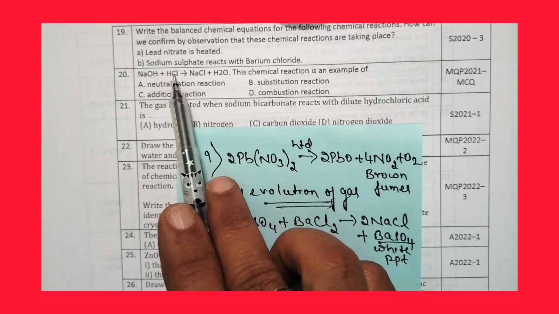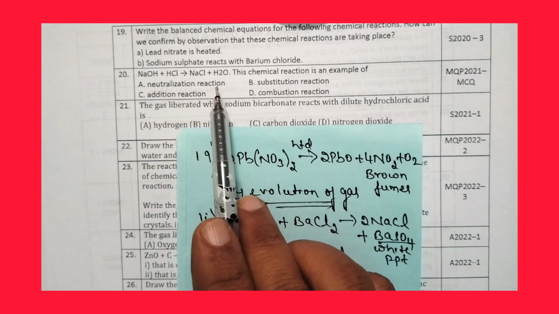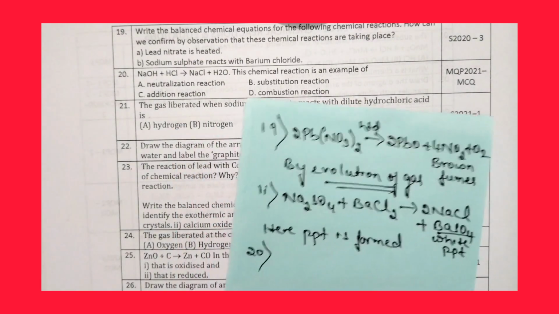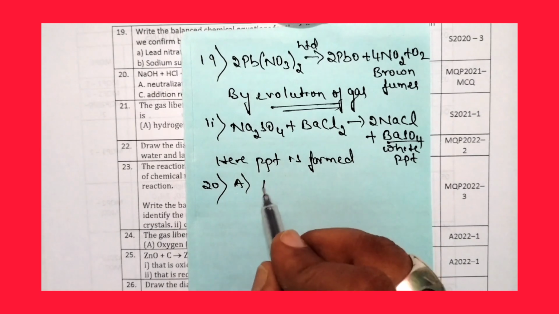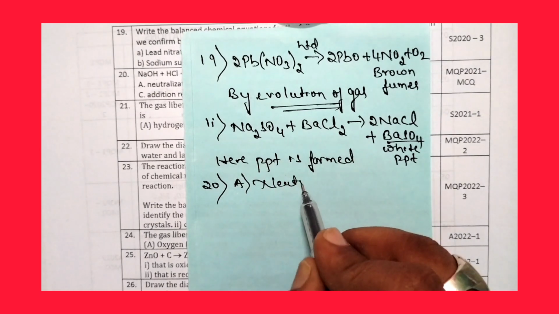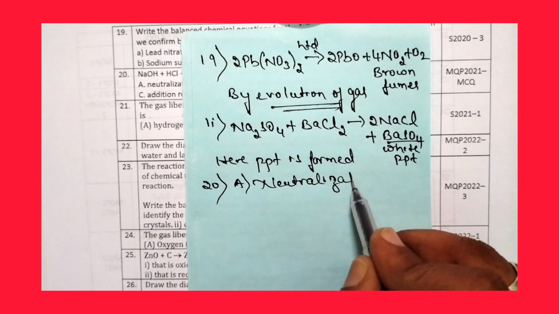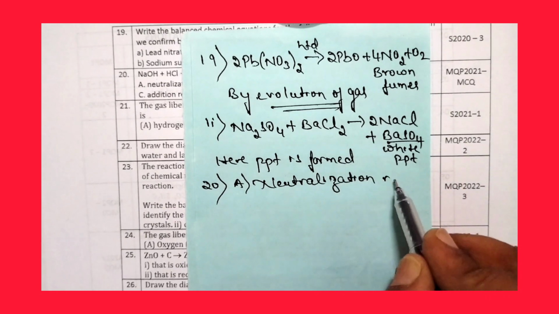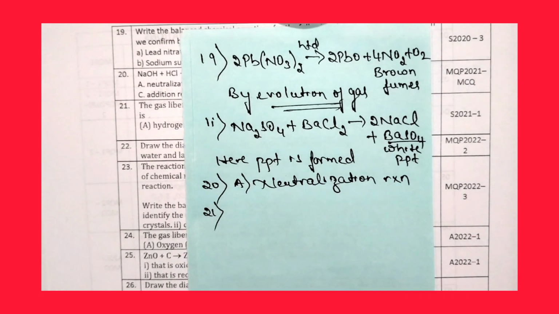Acid reacts with base to form salt and water, which is option A, neutralization reaction. So for the 20th question, the right answer is option A, neutralization reaction. Neutralization reaction is the reaction that takes place between acid and base to form salt and water.